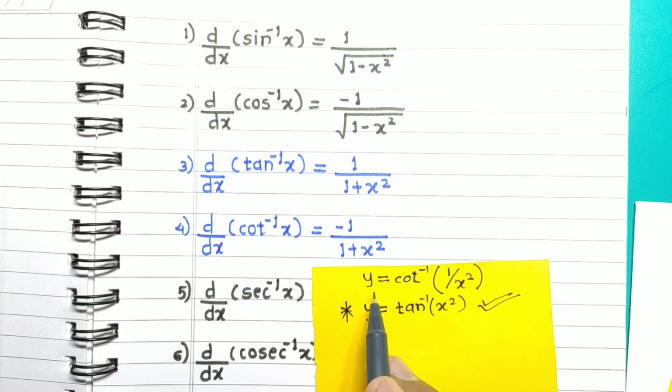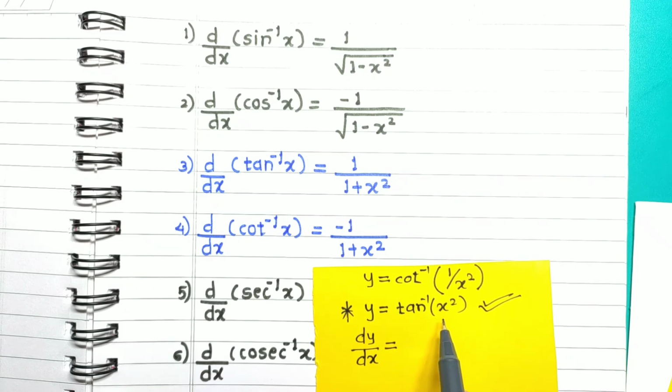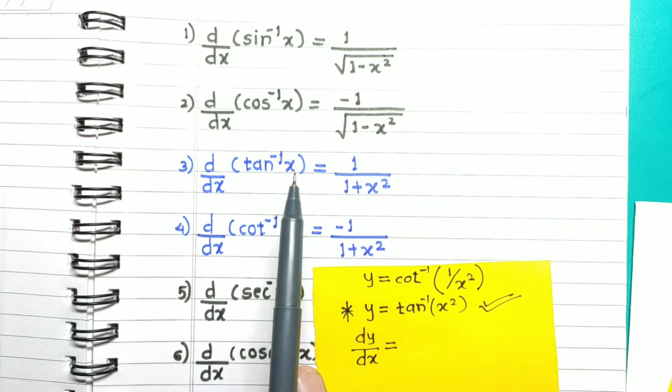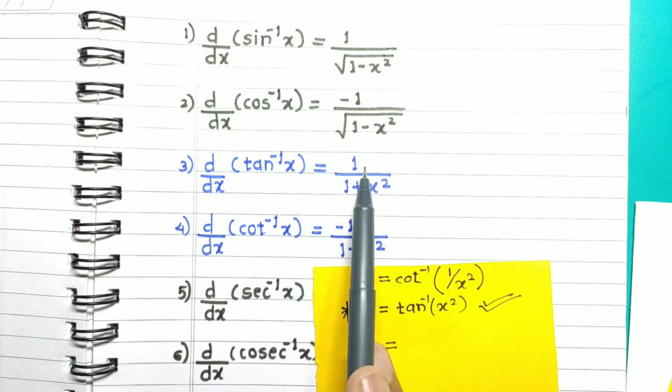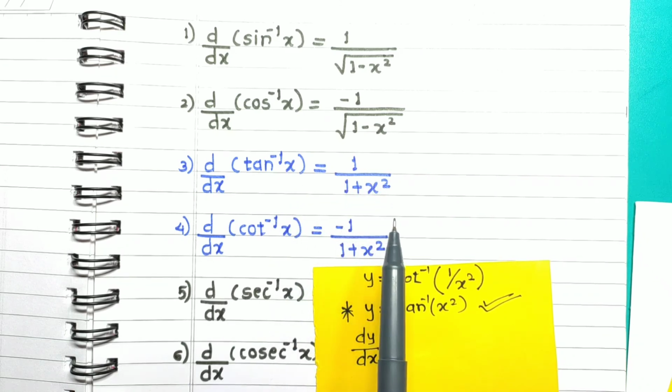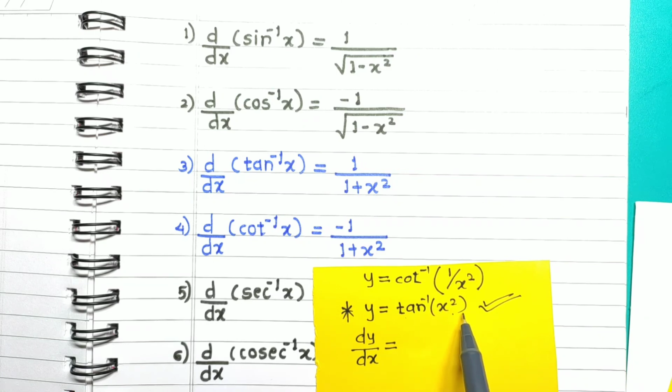Now we have to find derivative dy by dx. So differentiating on both sides, treat this function as tan inverse of something, and we have the result for tan inverse of x. Derivative of tan inverse of x is 1 upon 1 plus x square. So you treat this function as tan inverse of something.